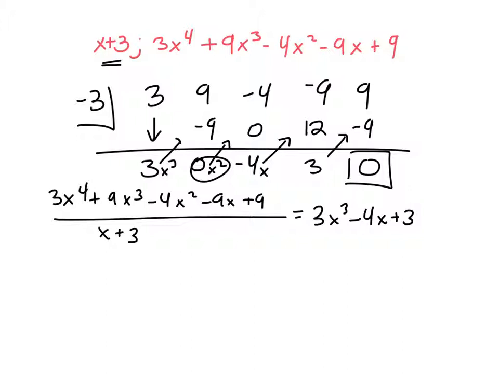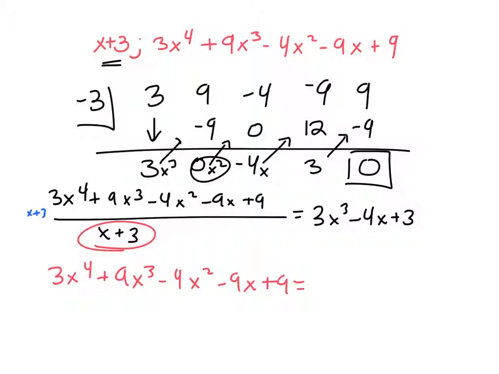Okay, so I could rewrite this. I could multiply both sides by x plus 3. What would I get? I would get 3x to the fourth plus 9x cubed minus 4x squared minus 9x plus 9. If I multiply both sides by x plus 3, it would cancel here, so it wouldn't be on the left-hand side.